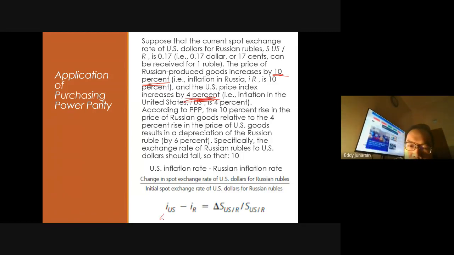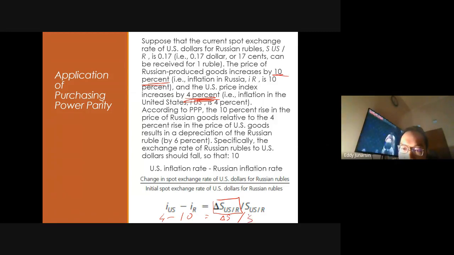So 4 minus 10, right? So it's minus 4. This should equal the delta divided by the initial spot rate. What is the initial spot rate? Initial spot rate is 17 cents per ruble.